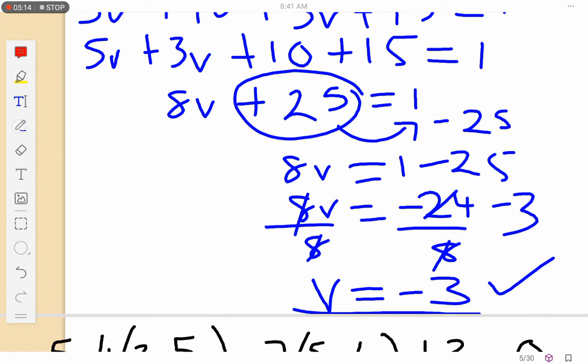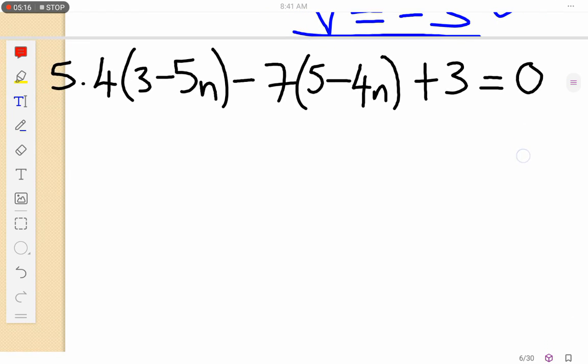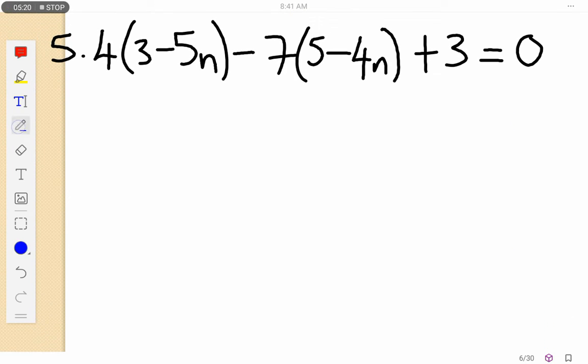Let's go on to the last question. This is our last question. We simply also multiply and remove the brackets. 4 times 3, we get 12. Then 4 times minus 5n, we get minus 20n.